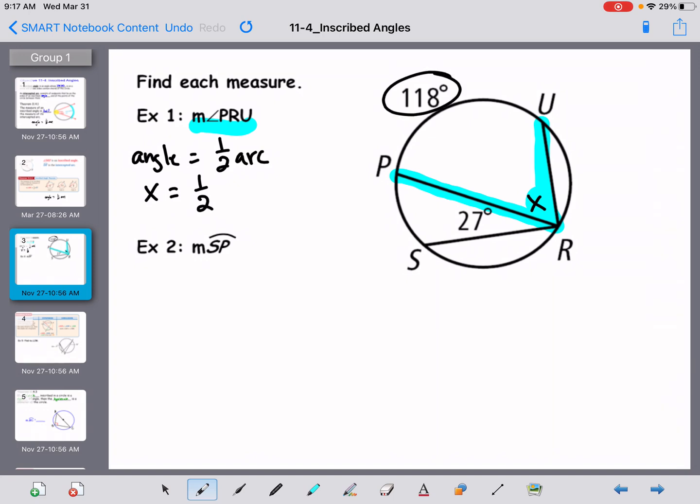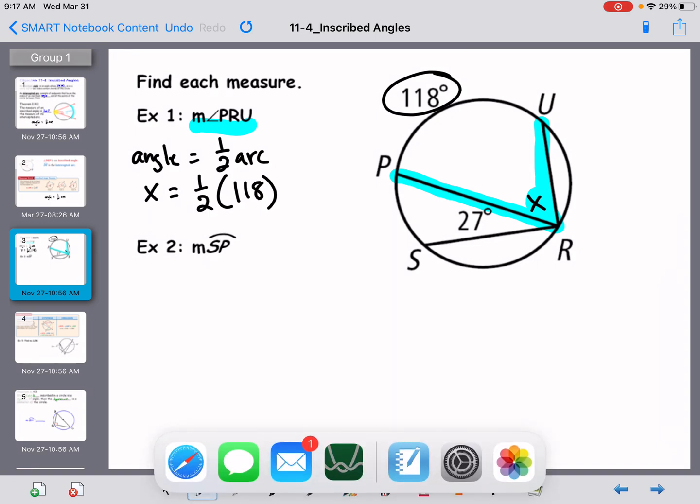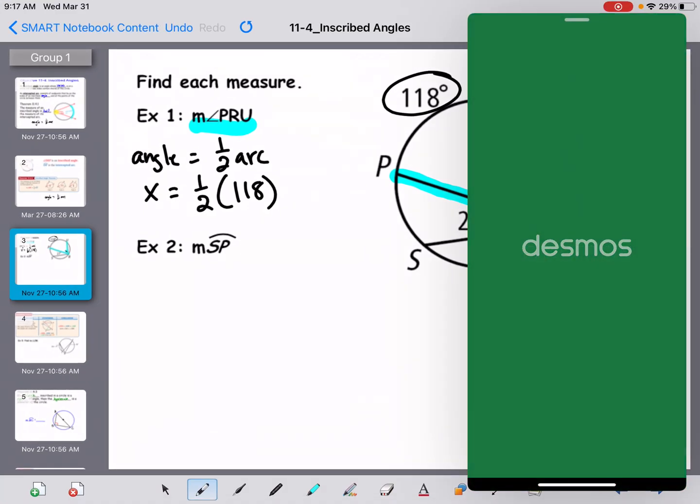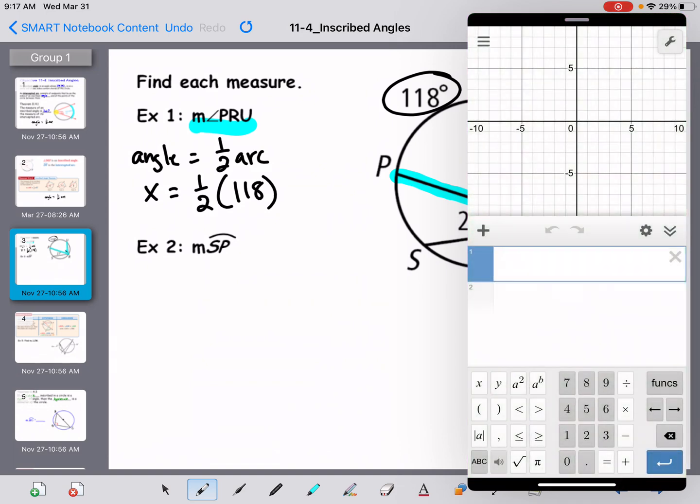The arc is 118. I want to go to Desmos and type this in. X equals half of my arc. So X would be 59 degrees.